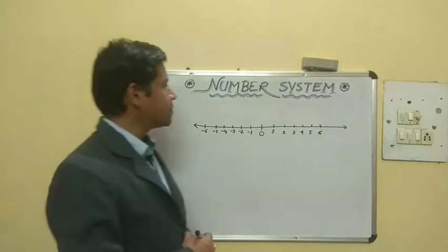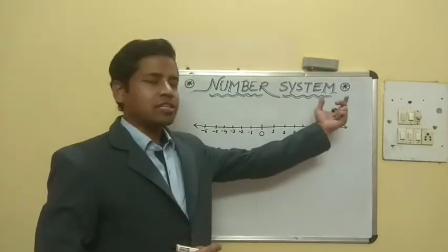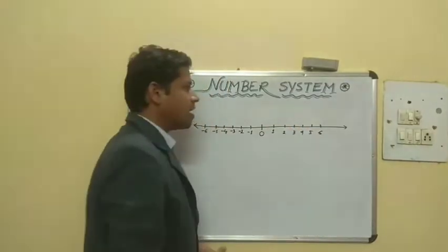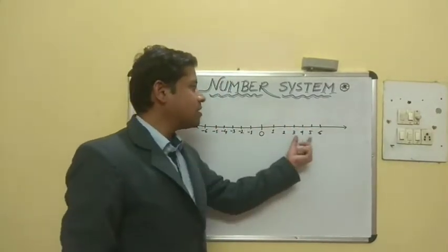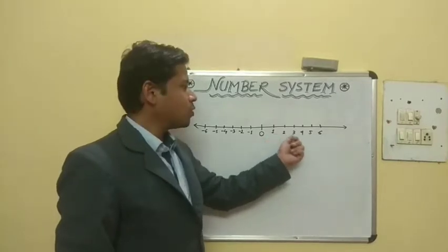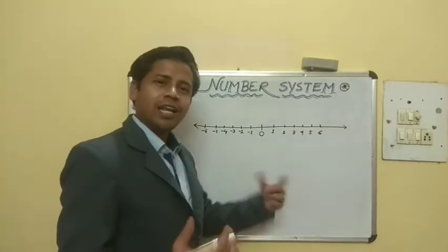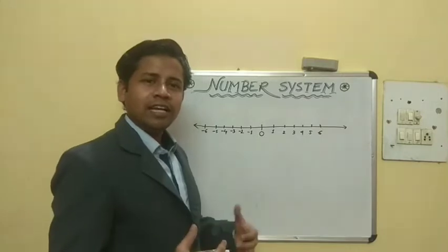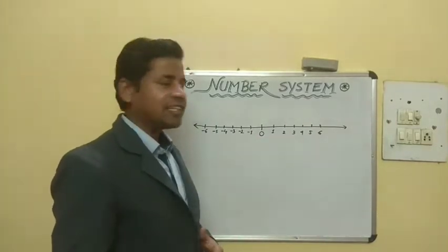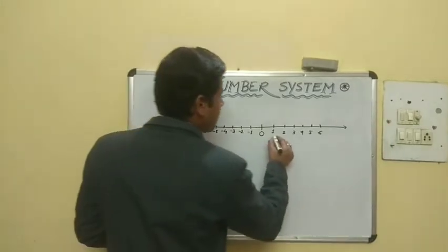If you go in this direction and collect numbers such as 1, 2, 3, 4, then you are collecting the natural numbers.